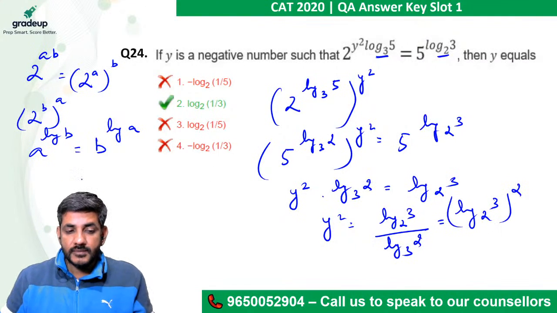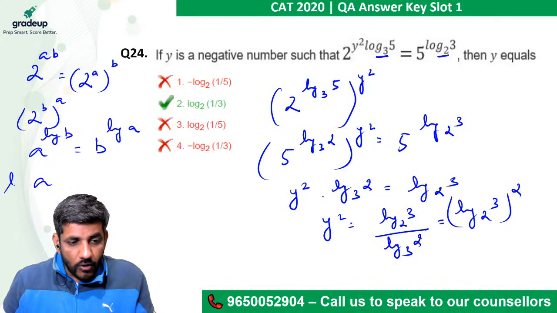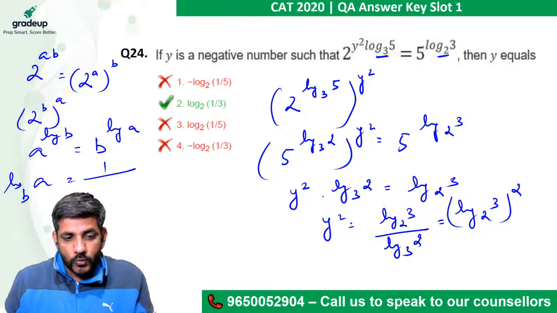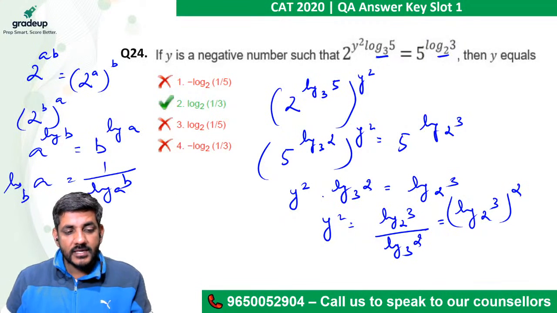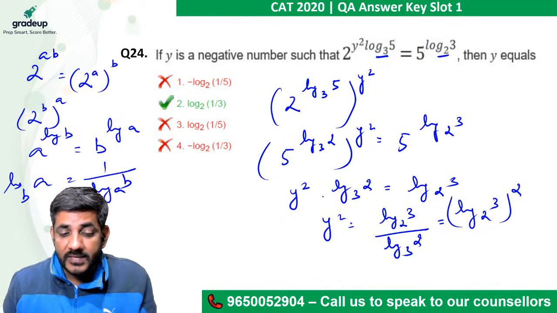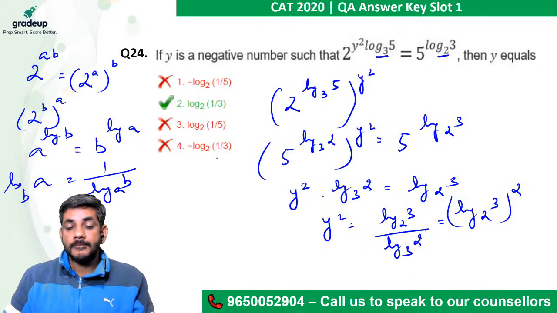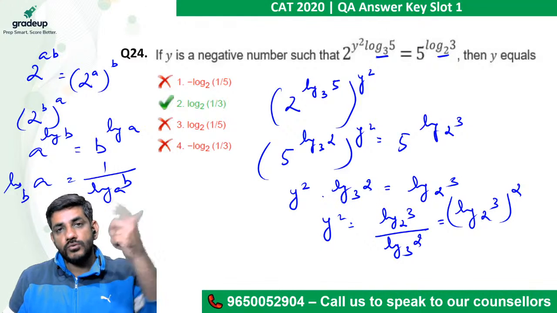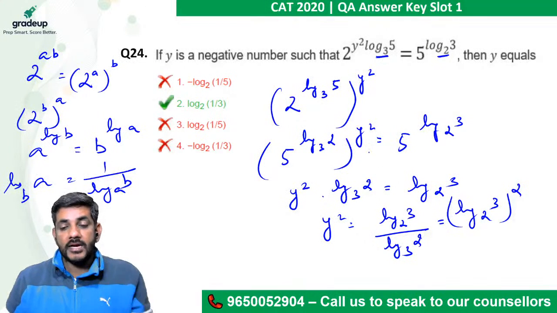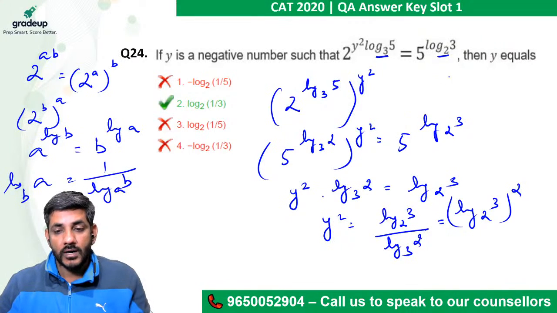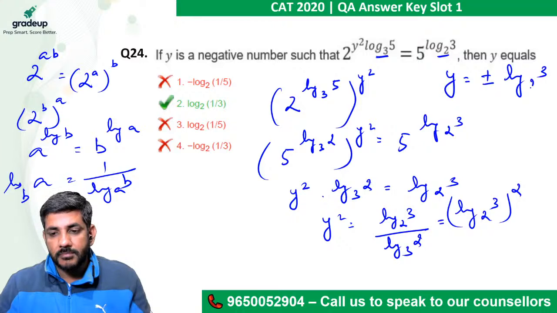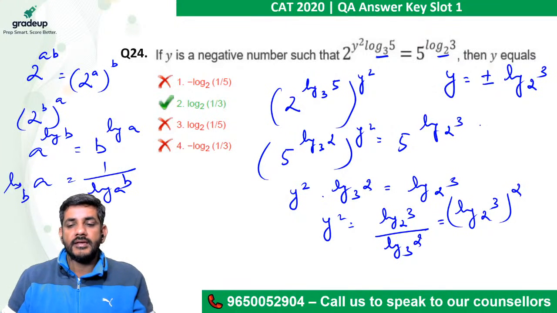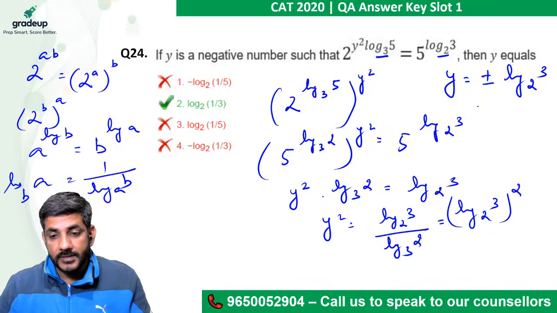I mean, this is another property, that log of a with base b is equal to 1 by log of b with base a. So I can use this property at this point. So I have written log 2 to the base 3 as the reciprocal of log 3 to the base 2. So it goes up and it becomes log 3 to the base 2 squared. So ultimately y is plus minus log 3 with base 2.